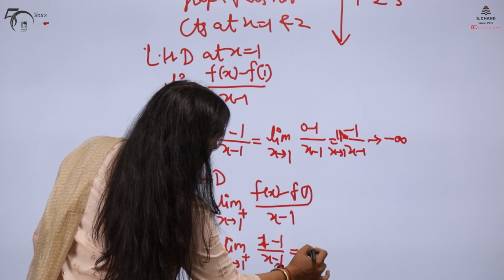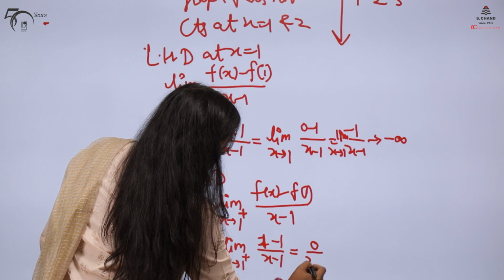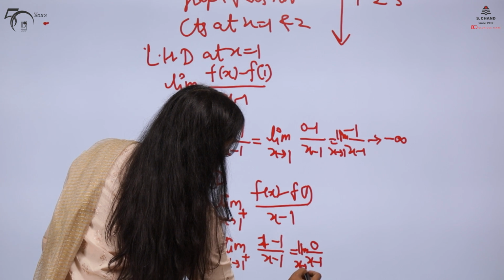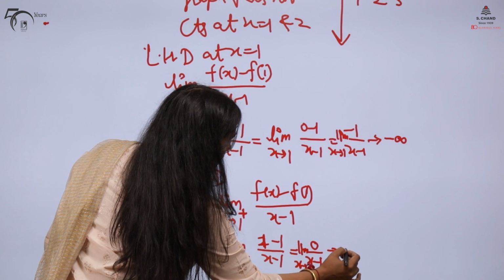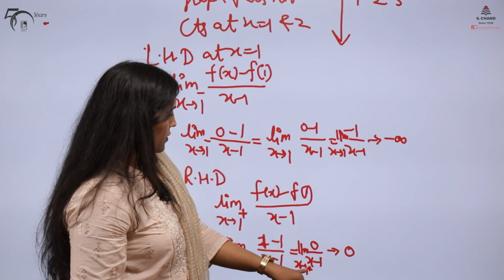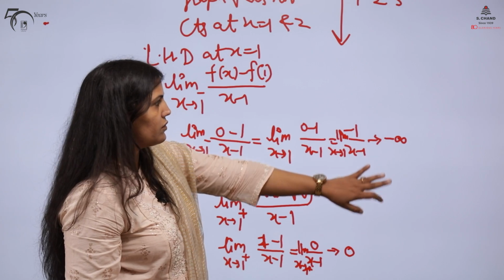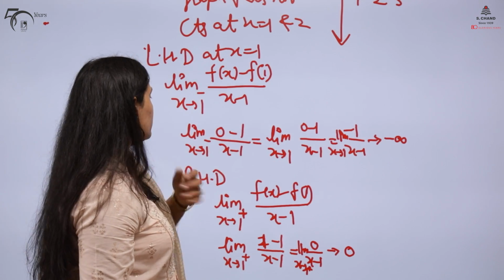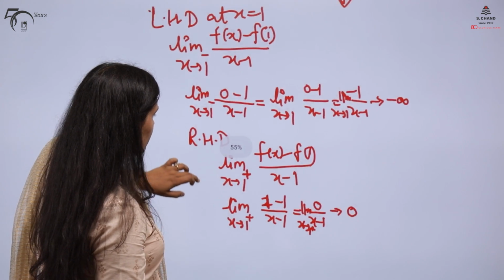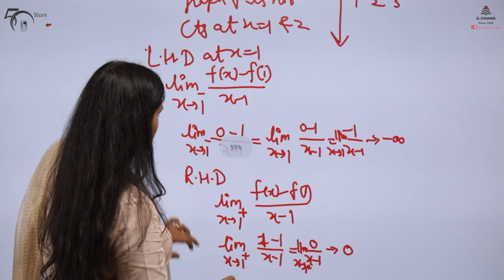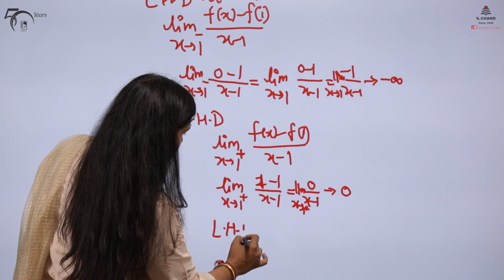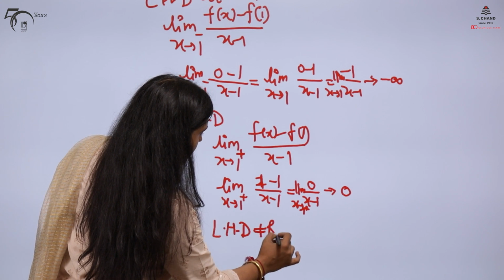So, it is 0. So, this side it is 0, because 0 by something is 0 and that is a finite number. So, 0 and minus infinity, you can see the left hand derivative is not equal to the right hand derivative in this case. Simply you will say the left hand derivative is not equal to the right hand derivative.